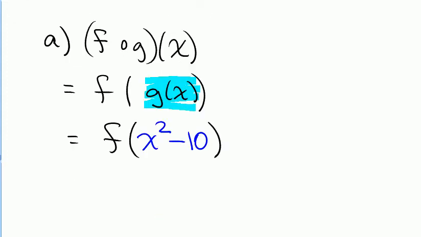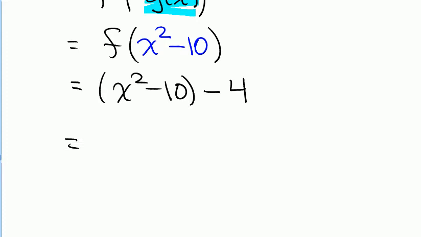So if we're looking for f of x squared minus 10, then we take our x squared minus 10 and substitute into the f equation. Then we simplify and get x squared minus 14.